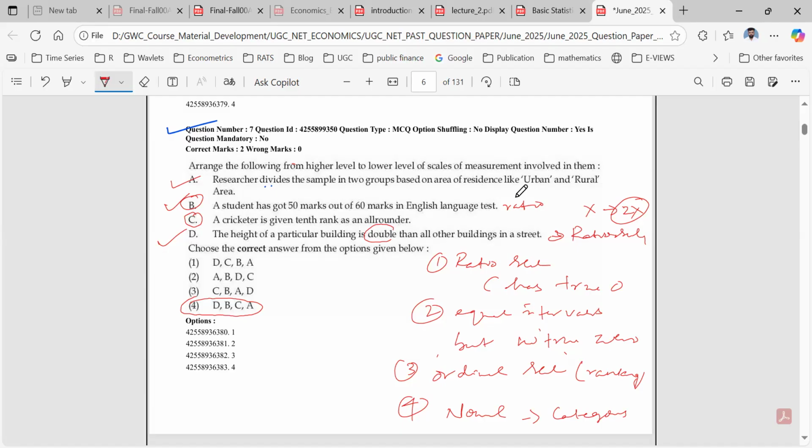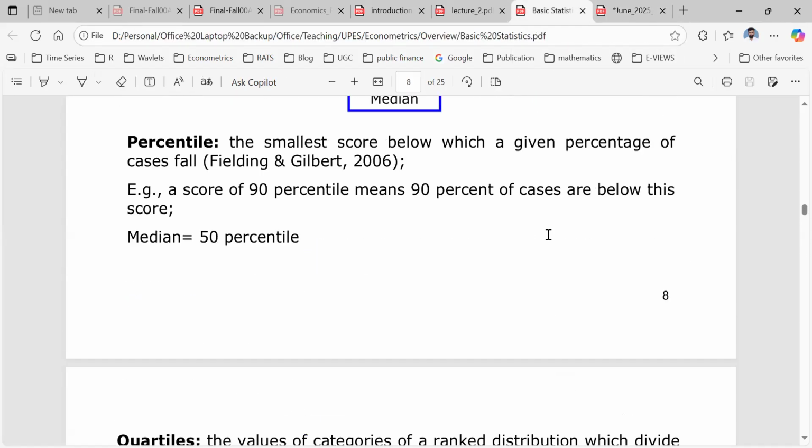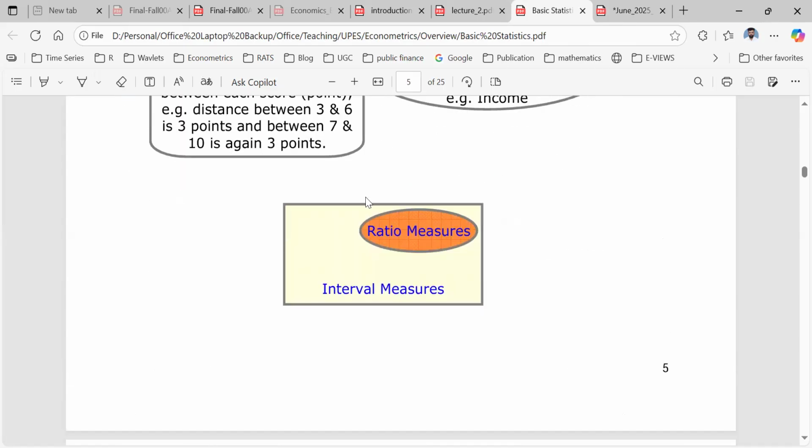Ratio scale is a special case of interval scale, isn't it? Yesterday we did that diagram. Just to remind you, ratio scale is a particular case.